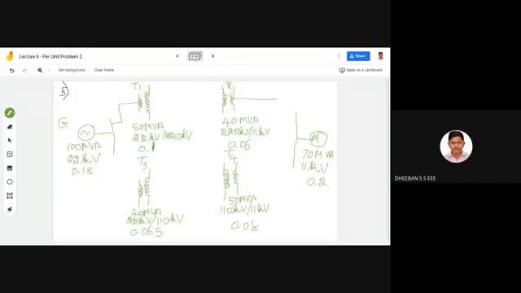Between your T1 and T2, there is a transmission line. This transmission line has a reactance of J 50 ohm. And from T3 to T4, there exists another one, with reactance of J 65 ohm. So these are the two transmission lines.